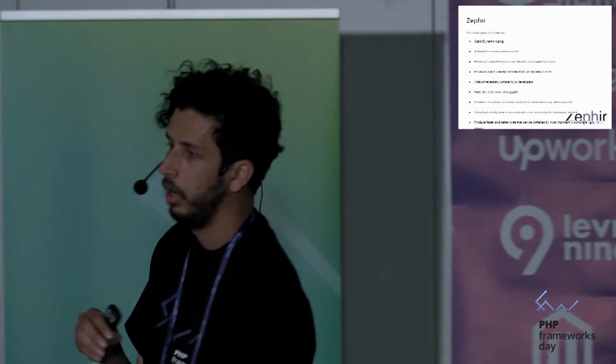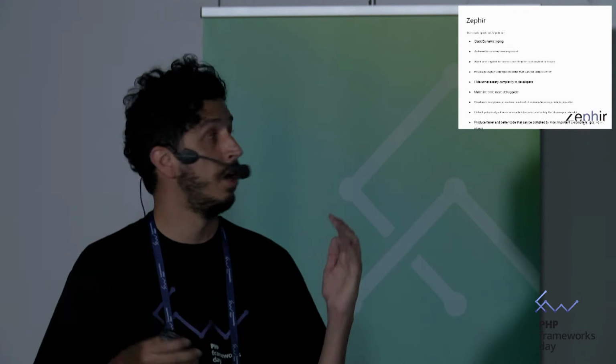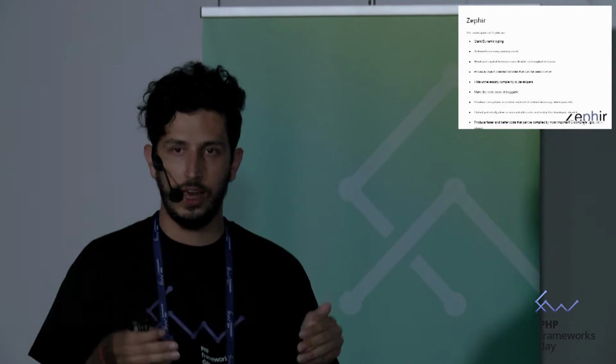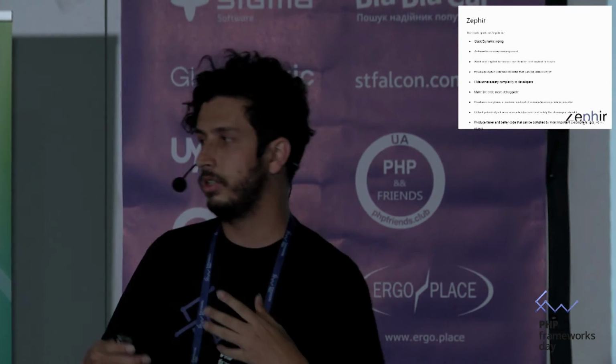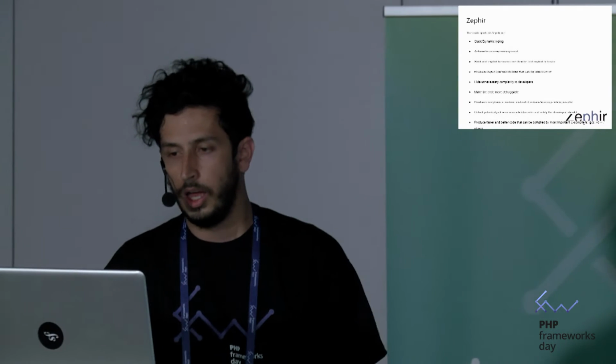In PHP 7, you can also do that, but it is different because Zephir, in fact, translates this variable to a real C type under the hood. So it is a real integer, a real string, a real float.